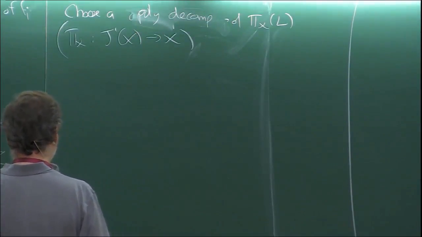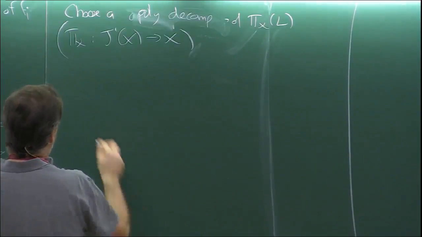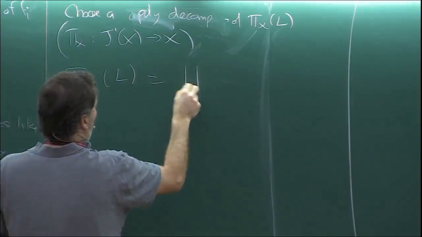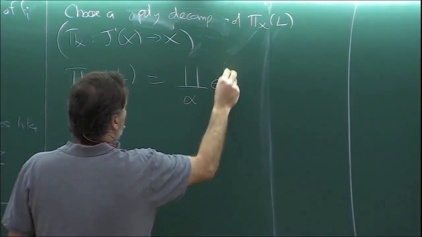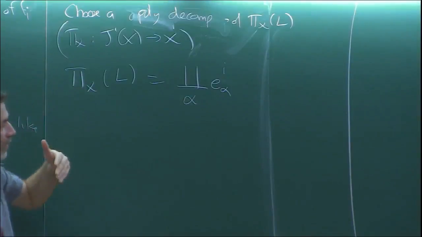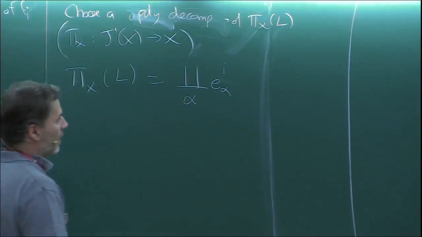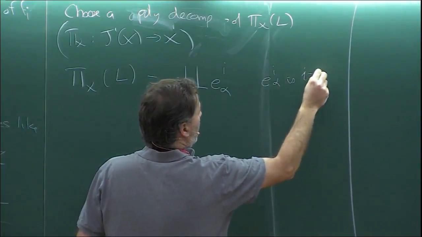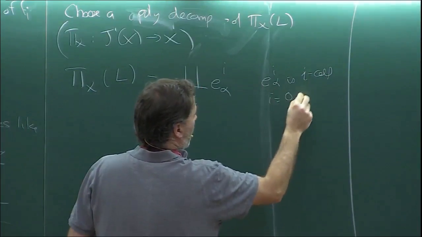So I'll write it as a union of cells. I'm writing the cells down, but I also have these characteristic maps. So e_i^alpha is an i-cell for i equals 0, 1, or 2.